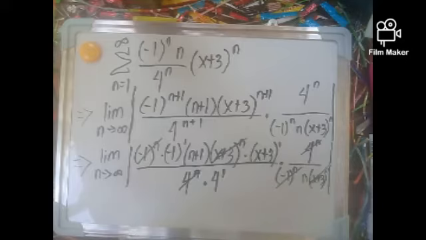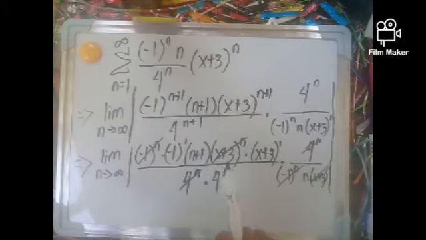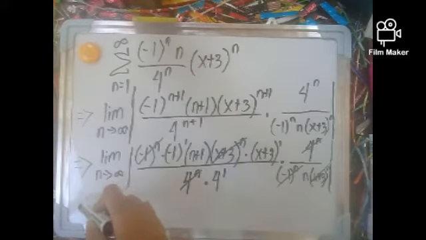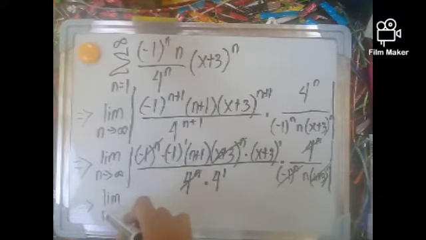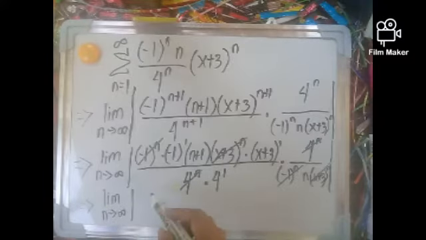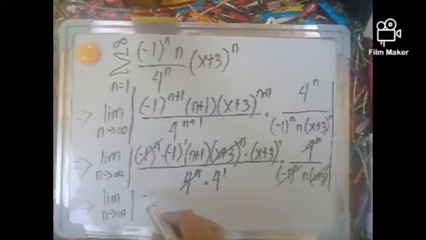Ayan. May nakaligtaan pa ba? Wala naman na siguro. We have here the limit as n approaches infinity, the absolute value of. So, nagtira sa atin ay negative n plus 1.